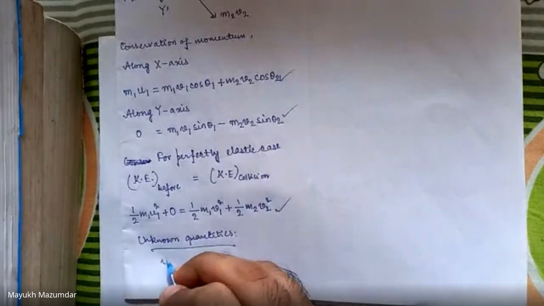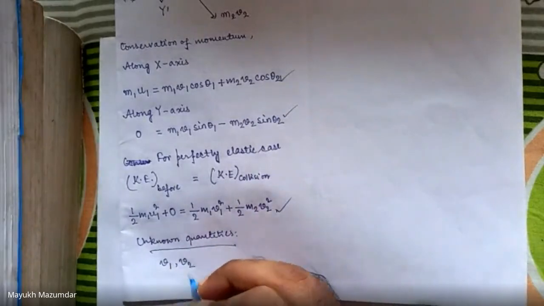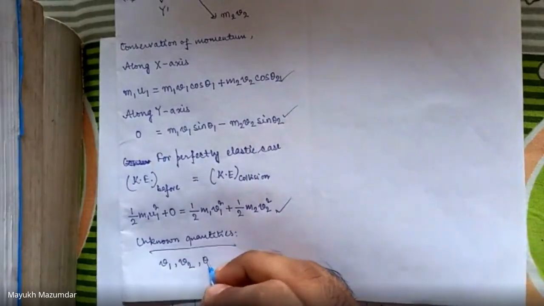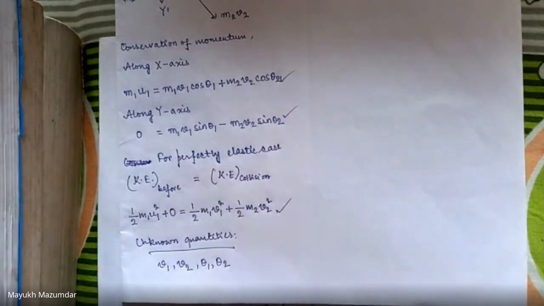We don't know v1, v2, the final velocities. Hence, we also don't know theta 1, theta 2. You have studied in algebra in your school days that the number of unknowns must be equal to or less than the number of equations at hand. Then only we can completely solve the problem.